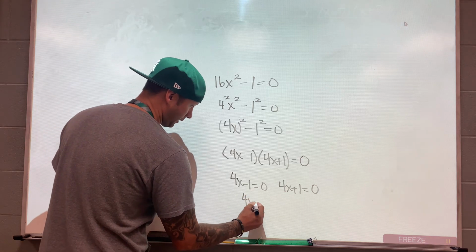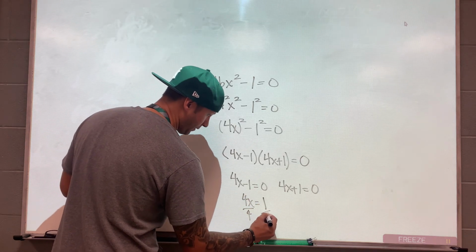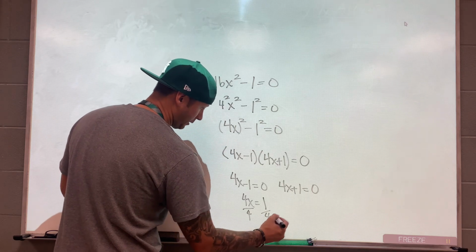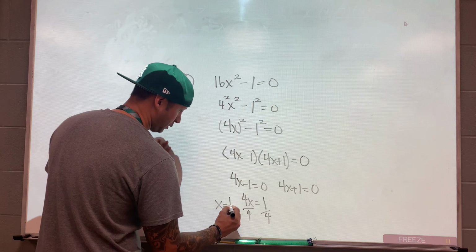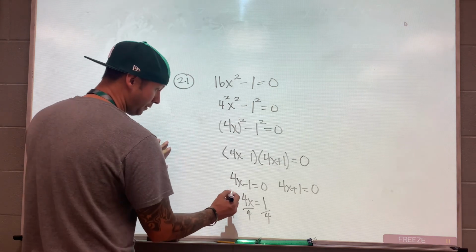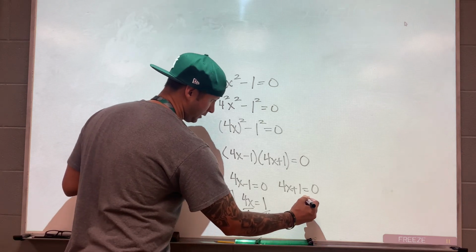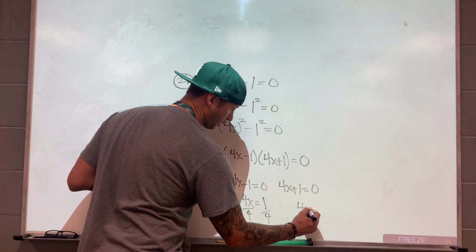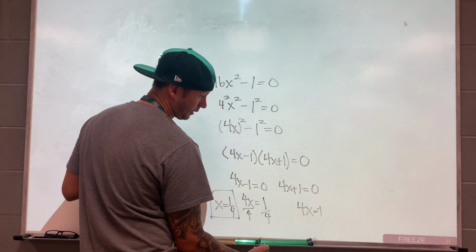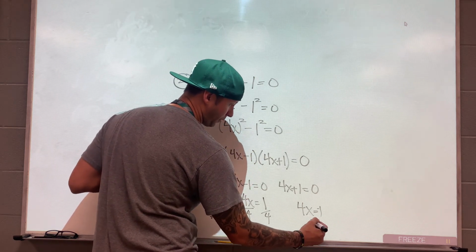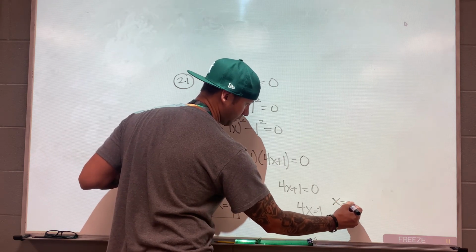So x is equal to 1/4, positive. And this is negative 1, so 4x plus 1 divided by 4. So x is equal to -1/4.